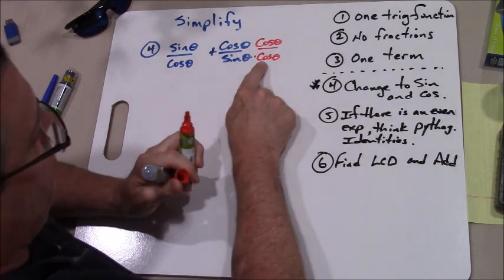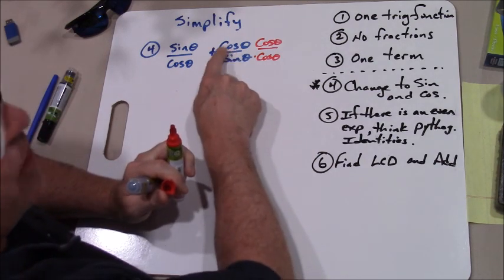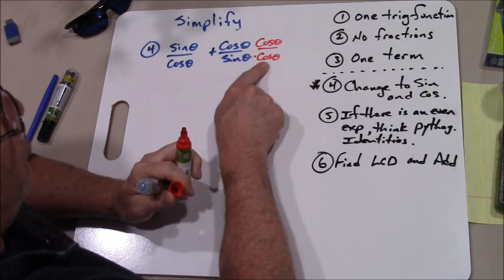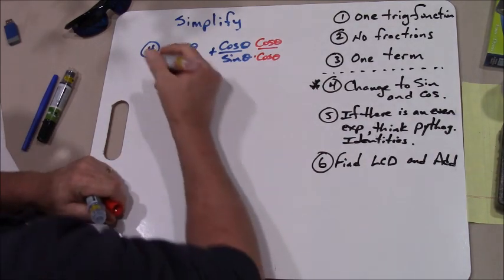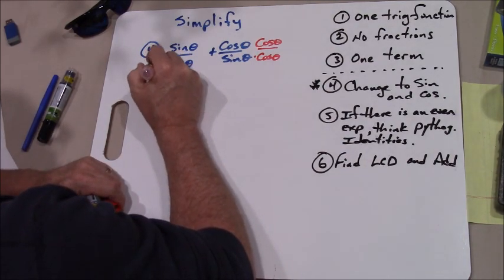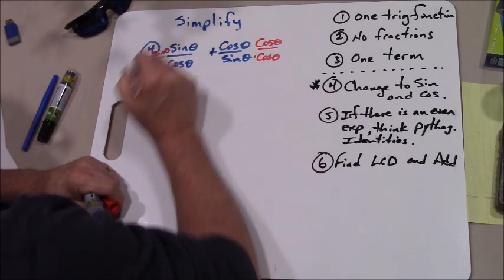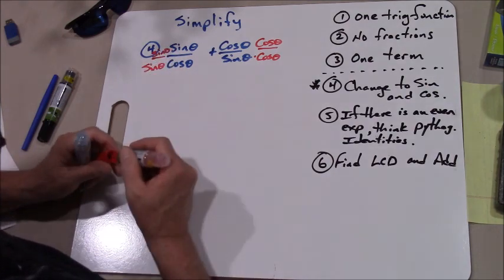Remember, I want to multiply by a fraction that's equal to 1 because then I'm not changing the value of this thing. Even though it's going to look different, all I did was multiply by 1. It should be an equivalent expression. And over here, I'm going to multiply top and bottom by sine theta. Again, my fraction is equal to 1. I'm not changing the value, just the way that it looks.